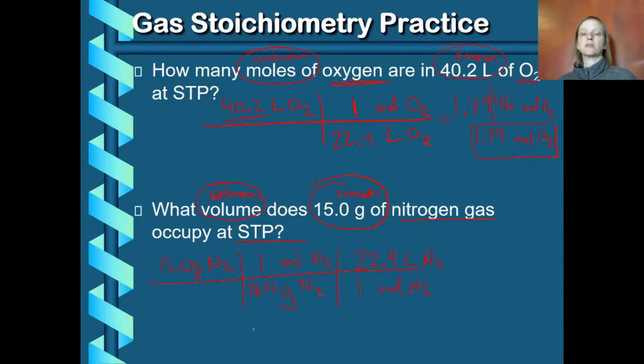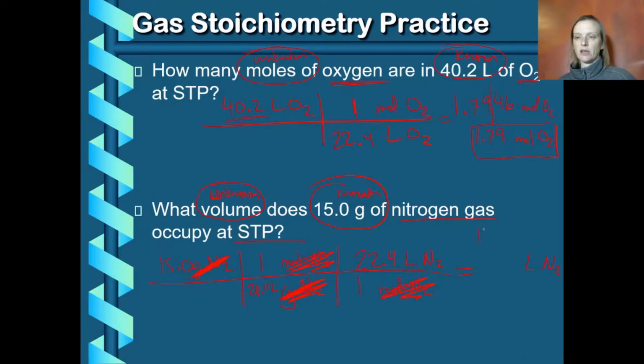nitrogen gas. I've set up my problem in a way that grams of nitrogen cancels out with grams of nitrogen, and then moles of nitrogen cancels out with moles of nitrogen, and I'm left with liters of nitrogen gas. So I've got 15.0 divided by 28.02 times 22.4, and my final answer will be liters of nitrogen.